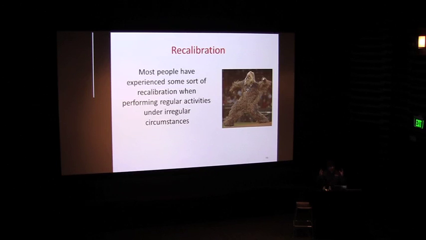But then we immediately calibrate to that, and we overcome the effect of that immediate jarring or overwhelming increase in pace of optic flow. And likewise, the same effect happens when you get off a moving sidewalk as well. So those are common examples of recalibration, but we are experiencing this all the time.